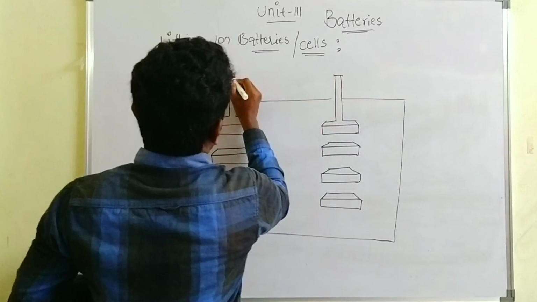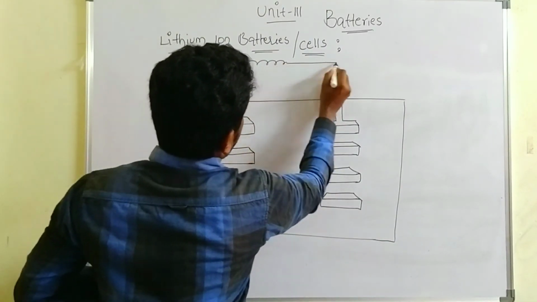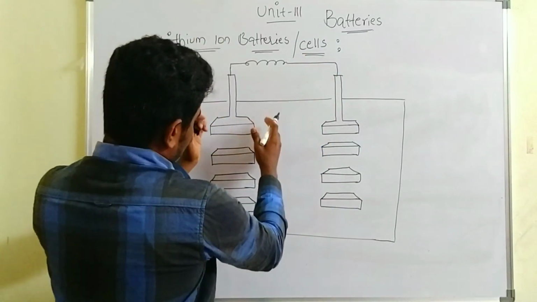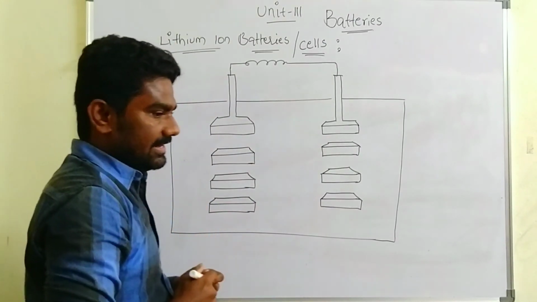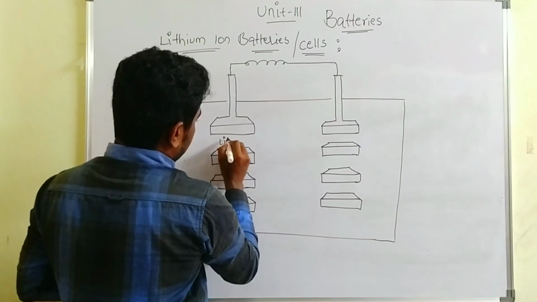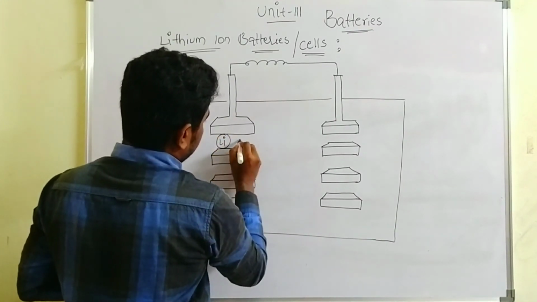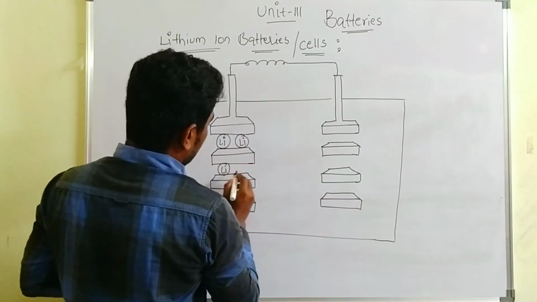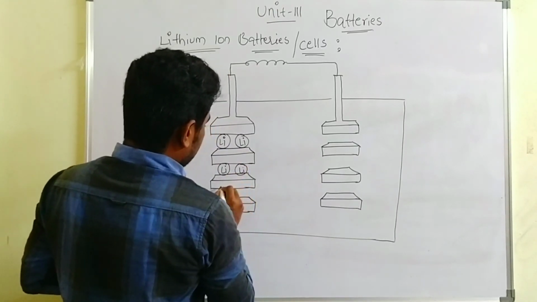These we are going to connect to the external device. On the left side we have the anode, lithium intercalated graphite. Now we already know the structure of graphite, isn't it?